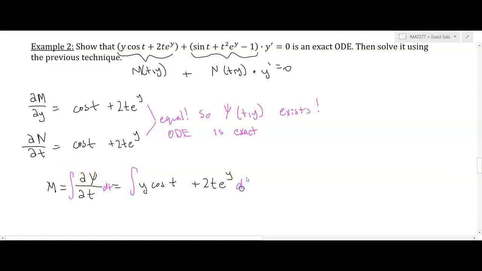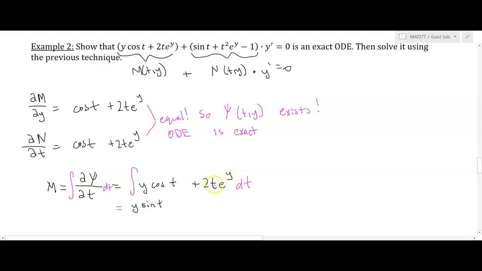And so in this integral, I see that I could factor out the y, because that's a constant, and the integral of cosine t is sine t. So this becomes y sine of t. The integral of this with respect to t, well, e to the y is a constant.